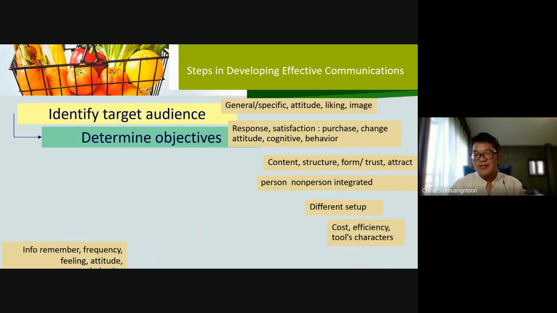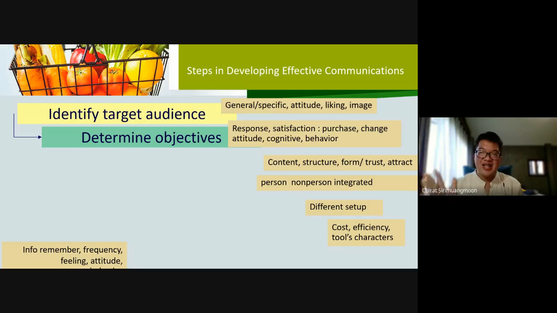And then sometimes the cognitive process comes in. Sometimes you need to understand the process of making decisions, and then you need to understand what step you should focus on. Like if you want to change consumers' attitude, you might get started at the beginning. What is the problem with your products?